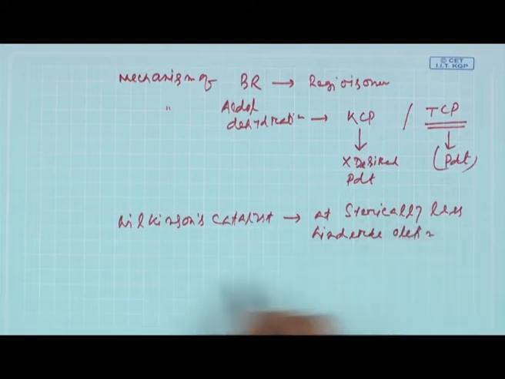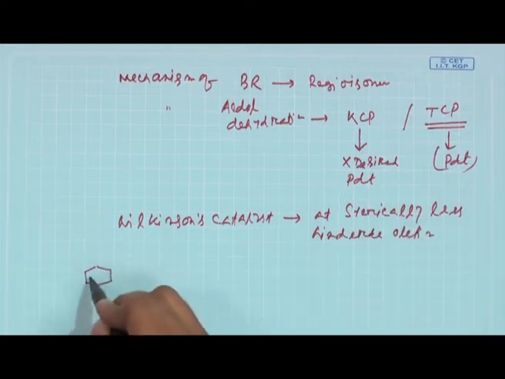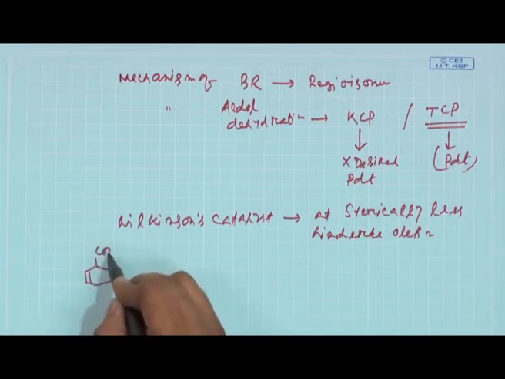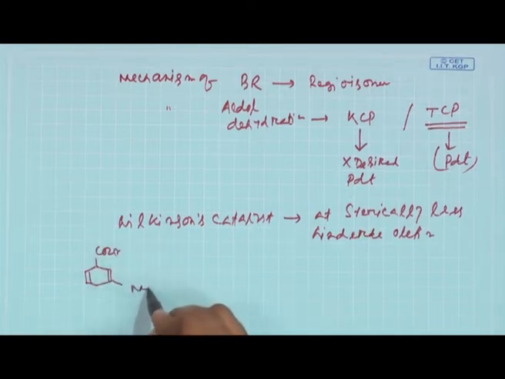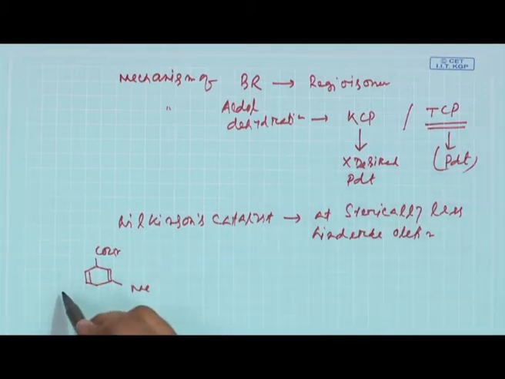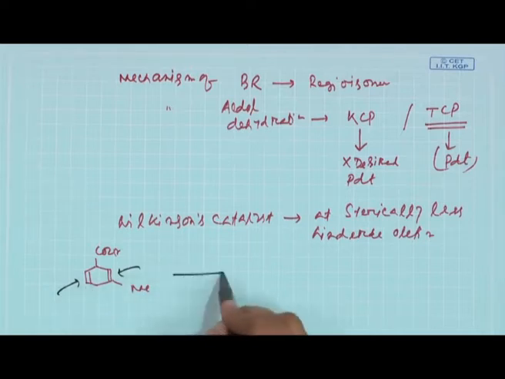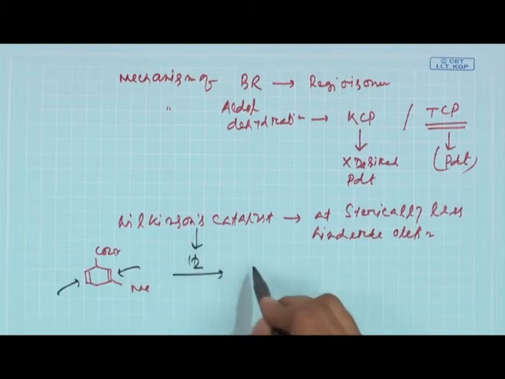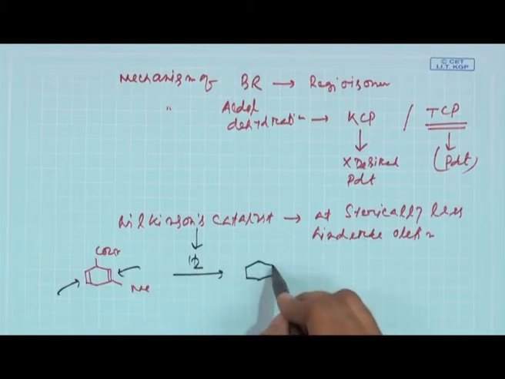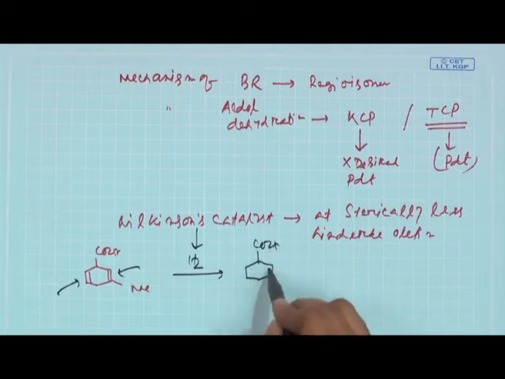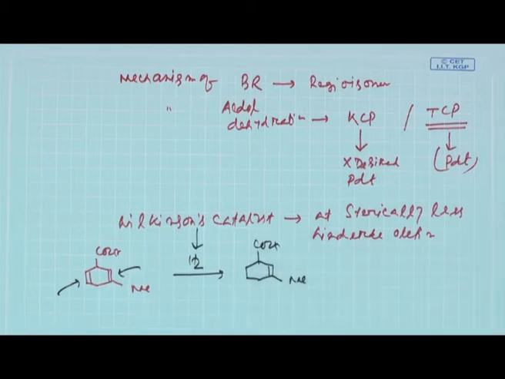Let us say for this particular case, you have CO2 here, methyl here. So, there are two hydrogenation sites, and this one is sterically less hindered. So, this will be hydrogenated with this catalyst and basically you will get CO2 ET and this double bond. Now, this double bond will undergo oxidative cleavage. Basically, it is a combination of reactions which will help you to design the entire pathway in a very efficient manner.